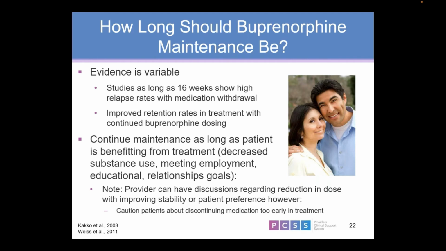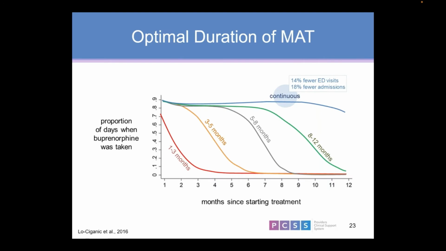So as long as it's benefiting them, I would encourage them to stay on the medication. Now, as their cravings come down, as they stabilize various triggers to their disease, to start talking to them about potentially coming down on the dose is fine. And that's typically what I tell patients. They're not going to feel much different coming down on the dose, and it will maintain their cravings. But when they stop it is up to them.